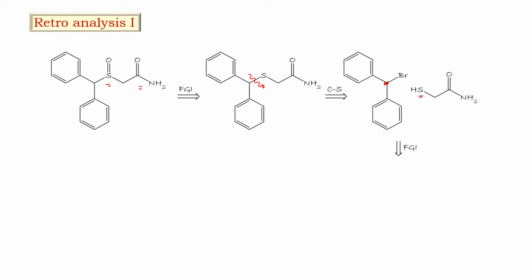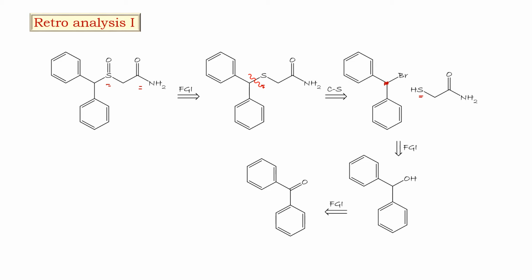And we can get the bromo compound from the alcohol. The alcohol we get from the carbonyl ketone via reduction, and the benzophenone we can get from Friedel-Crafts acylation of benzene using benzoyl chloride. It's very simple, I guess, to an undergraduate student.